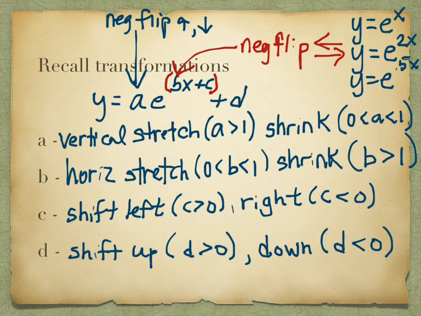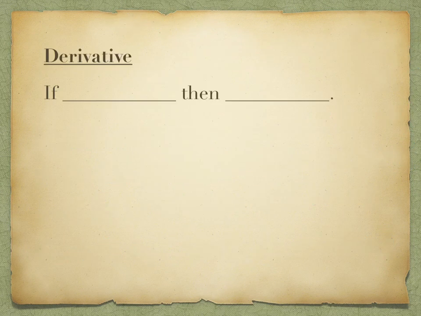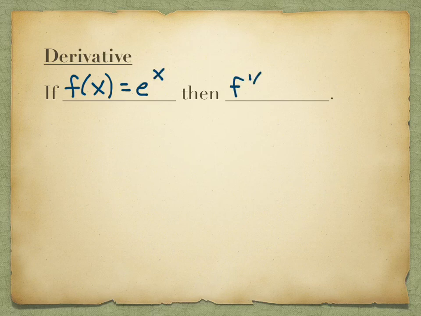All right, so we're going to take a look at some of the calculus going on here, and this is what I told you that you're going to be forever grateful that I told you this rule, forever and ever and ever. All right, so here's the deal. If you have the function e to the x, then its derivative is e to the x.